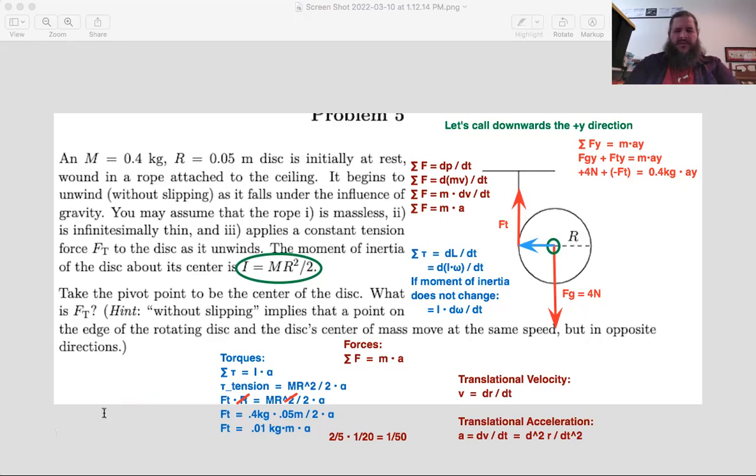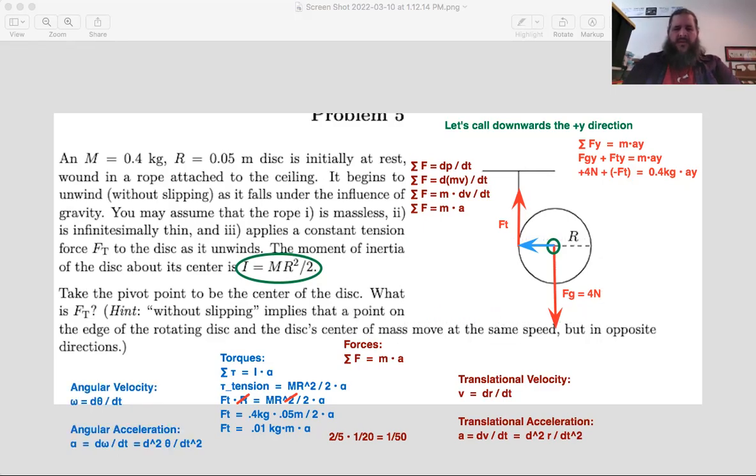So we can make that substitution and get moment of inertia times angular acceleration. So if the moment of inertia is not changing, then the total torque has to equal moment of inertia times angular acceleration.